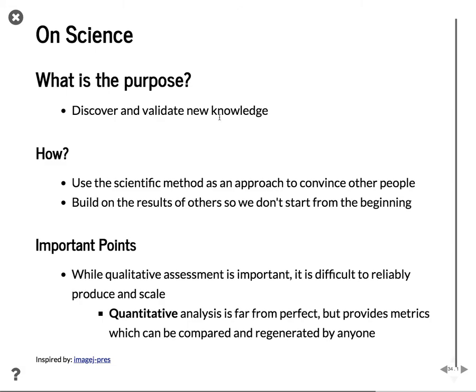You're supposed to discover and validate new knowledge, and you're supposed to do this with the scientific method, because that's the only way we've come up with so far for convincing other people that the work you've done is meaningful. If you have a hypothesis, collect data, and then test the hypothesis afterwards, that's a reasonable way of convincing other people, and that's what all of science is based on.